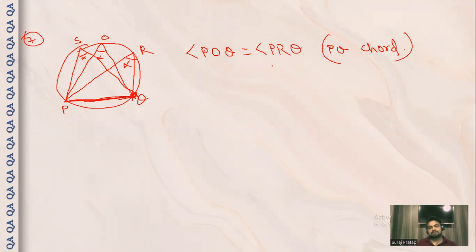Now the next concept, the eighth concept. It says, this is a very important theorem. This is the alternate segment theorem.